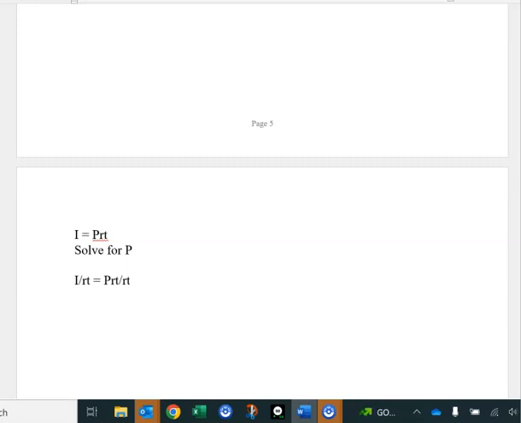Because we need to get rid of the RT on the right-hand side, so therefore we have to divide it by the RT. So what we do to one side, we have to do to the other. So we have to do I divided by RT. So to simplify it, we have I divided by RT equals P.